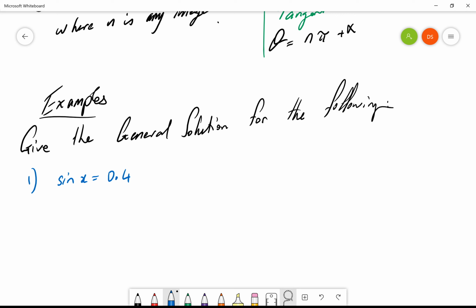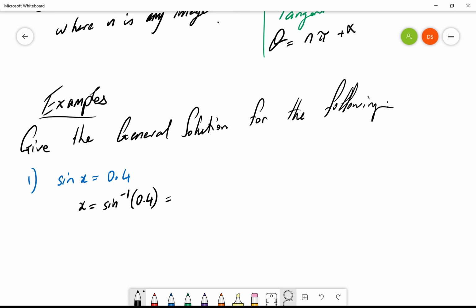Okay, so I'll solve this. First off, x is equal to sine inverse of 0.4. And whatever answer I get here, I'm going to get some terrible decimal, but I've picked some number that I know ain't going to be pretty.